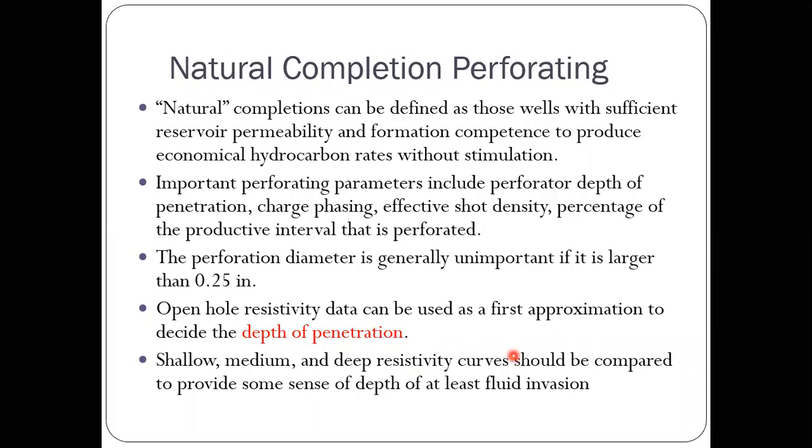So if your perforation depth of penetration is less than the radius of invasion, you will not be able to bypass the damage zone, so the permeability of the near wellbore area will be very low. That is why it is important to evaluate the radius of invasion and from that select the depth of penetration.